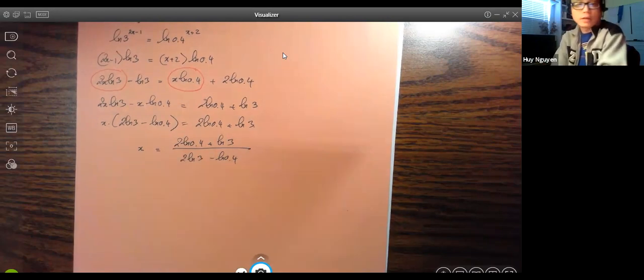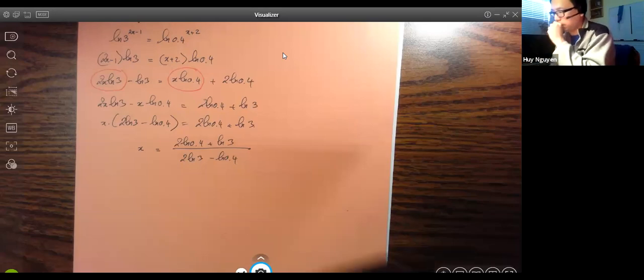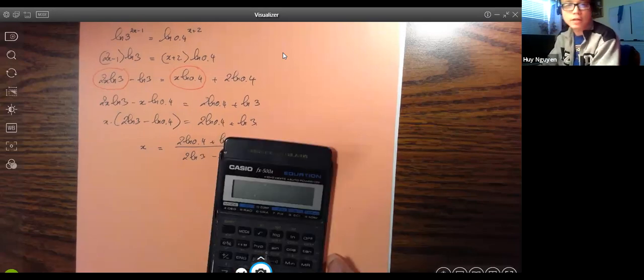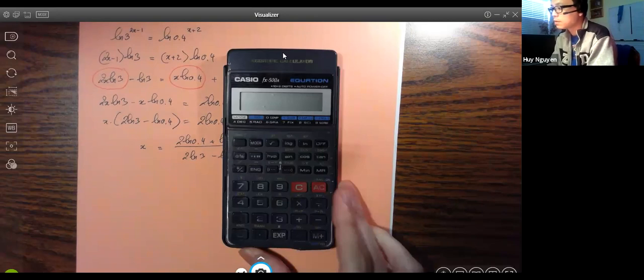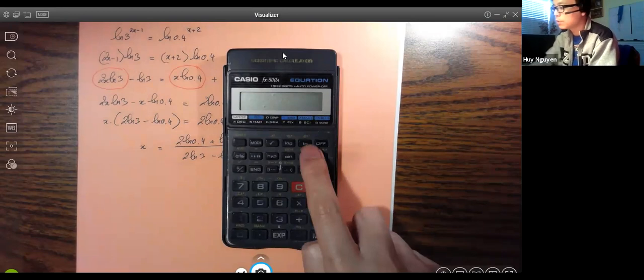But what if you have a test and you have to fill in the blank? I don't know how you're going to fill this in the blank. Maybe they have a tool right there for you to fill the blank, or maybe they take a decimal number and you're allowed to use the scientific calculator. On a scientific calculator, you have natural log. Let me see. I have a scientific calculator here, and I have natural log right here.